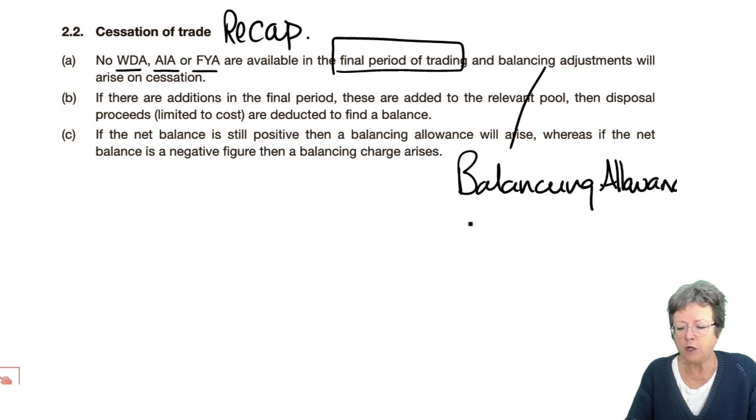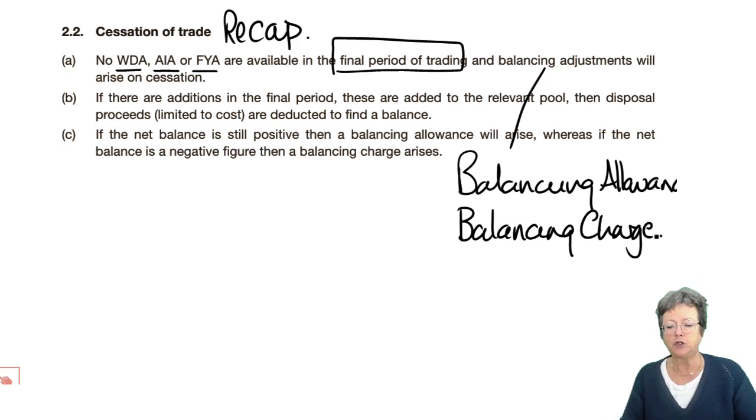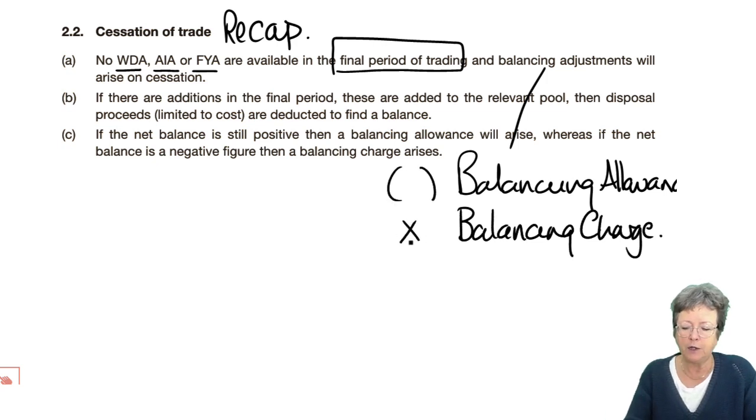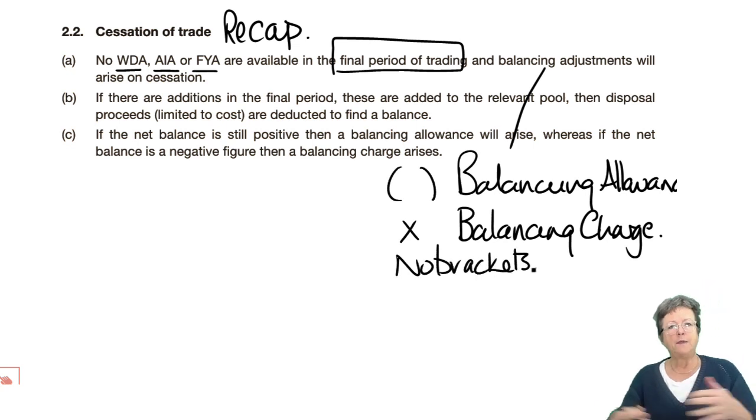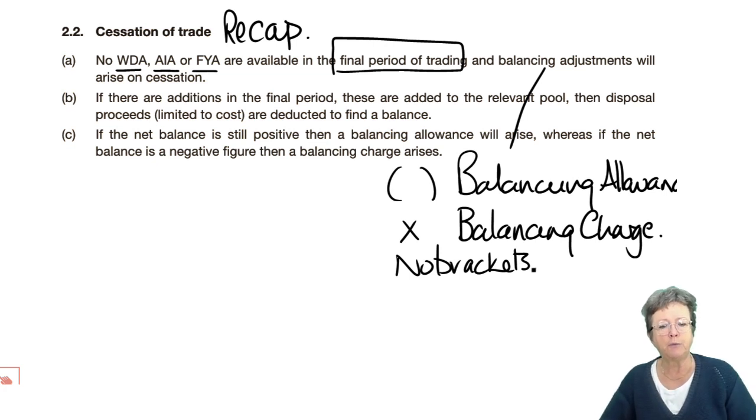And if we've claimed over the period of ownership too much, then we will have a balancing charge. That'll have brackets, that will have no brackets. And that will then need to be added or subtracted from the adjusted profits, as we did in the previous example, before you can then put those profits into your income tax computation.